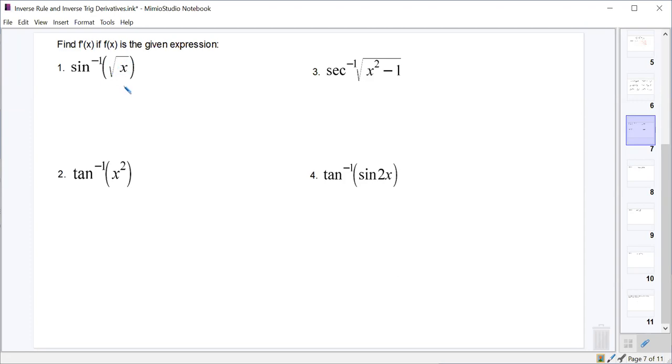Where u is equal to root x. So the derivative of this should be the derivative of the inverse sine, which is 1 over root 1 minus u squared, times the derivative of u. What's the derivative of root x?